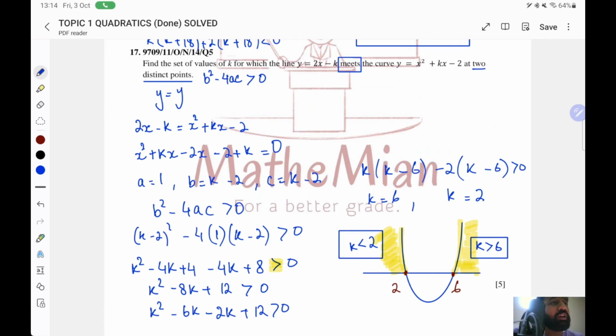You don't put an equal sign with it. You put a greater and equal sign only when he says real roots. He does not say whether the roots are tangent, or he does not specify that the roots are distinct. He just says that the roots are real. So in that case you are going to put greater and equal sign.